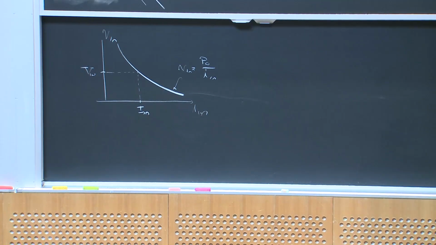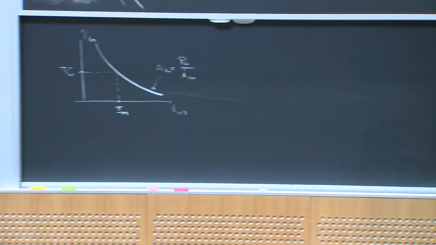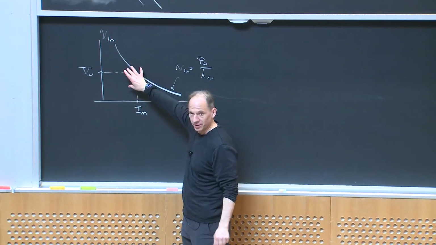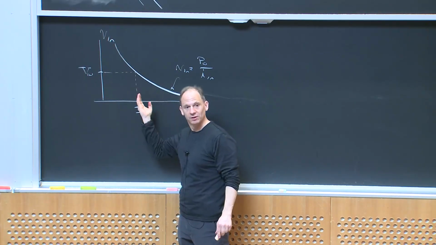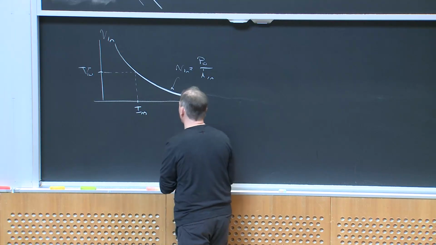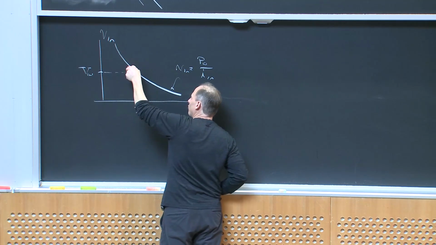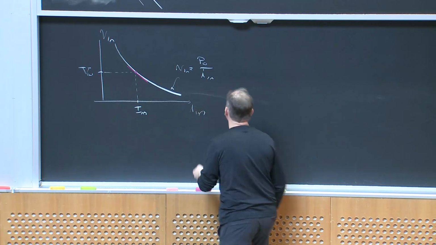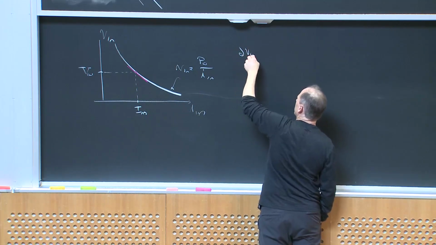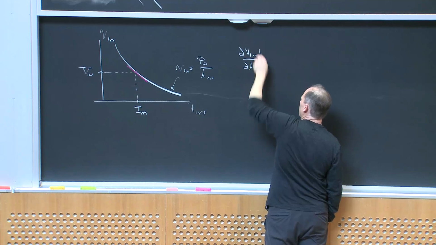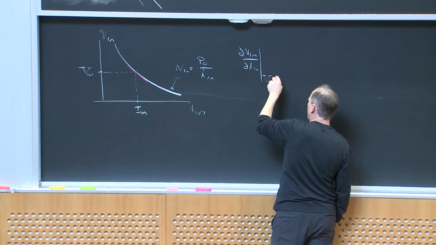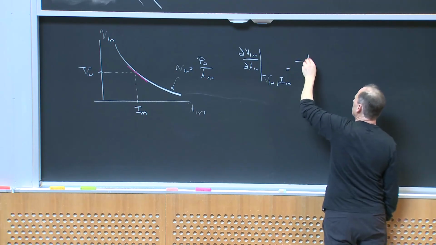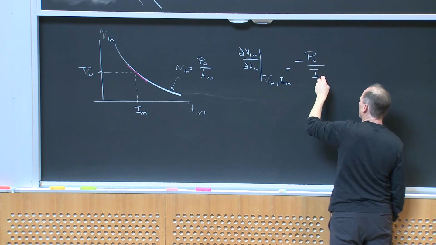So how does this behave for variations? Suppose my input voltage wiggles a little bit. What does my input current do? Well, it's exactly the kind of linearization we did before, right? I can look at what this tangent line looks like, and I can write dVn over dIn, evaluated at Vn, In, is equal to minus P naught over In squared.